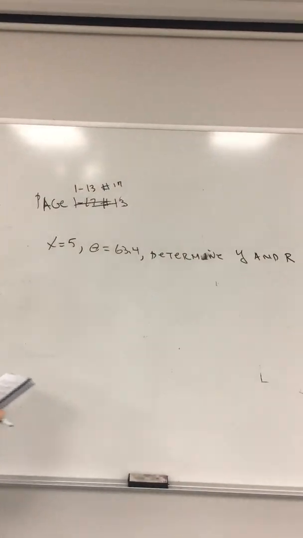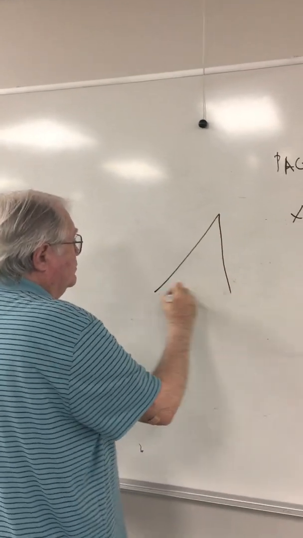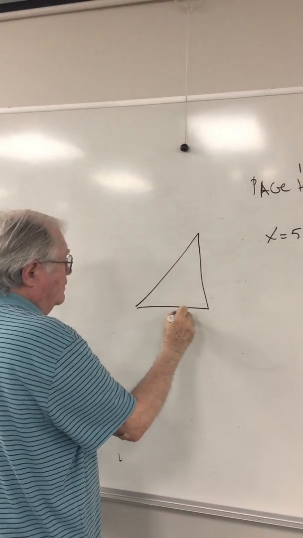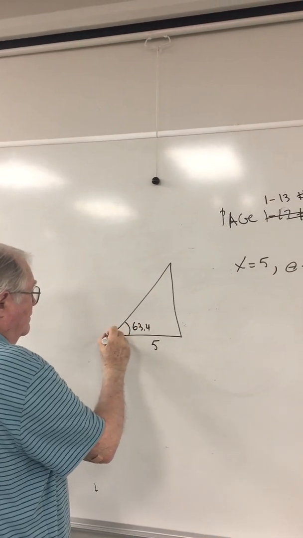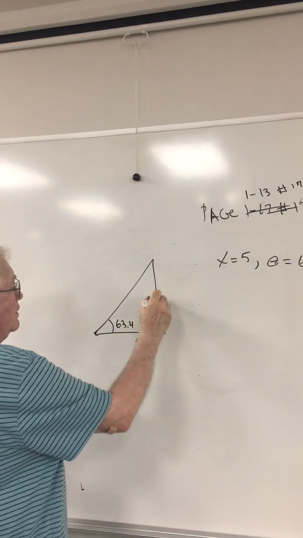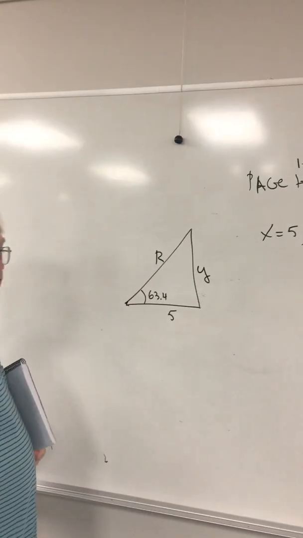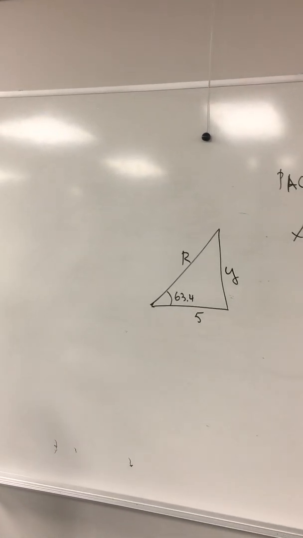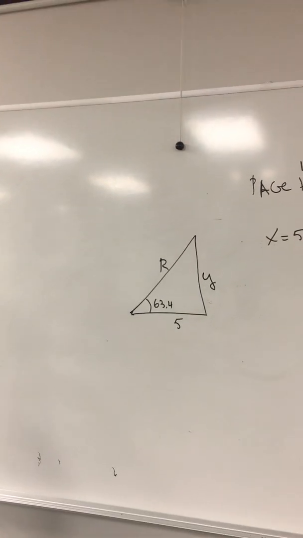Well, let's go back and remember our right triangle. So what we have here is this is 5, this is 63.4. We want to figure out what this is, and we want to figure out what the hypotenuse is. So one way to do this is to use trigonometry.